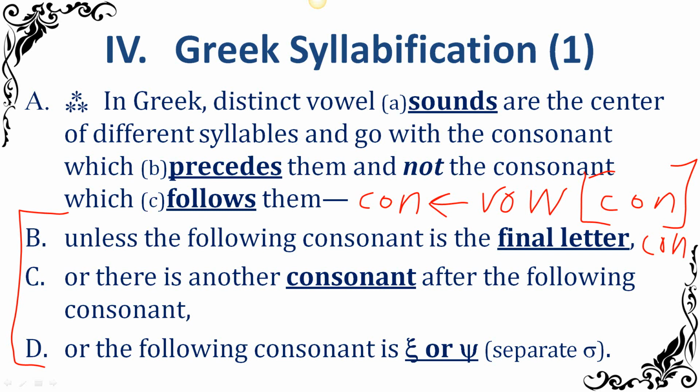So xi is kappa sigma, and you'll divide it. So the first one will go with the first syllable, the second part goes with the second syllable. That's the one looking weird, right? Yeah, that's xi. And then psi is pi divided out from sigma.